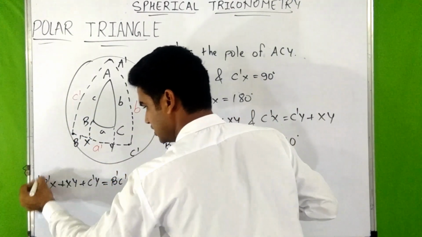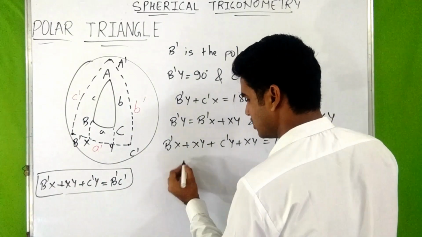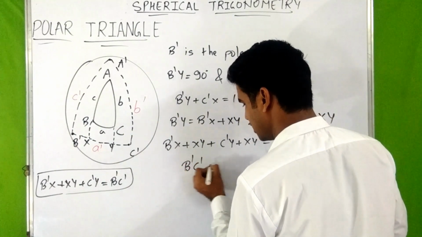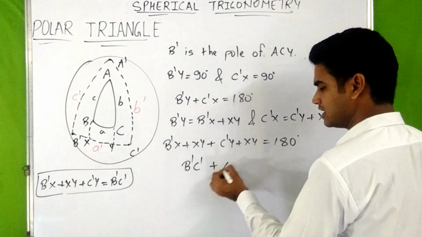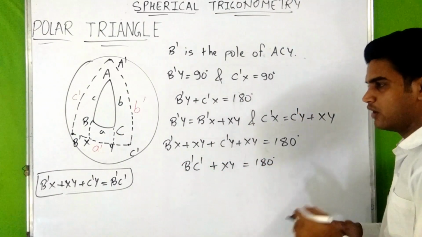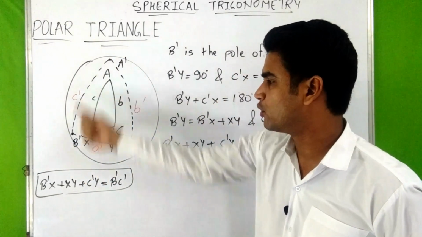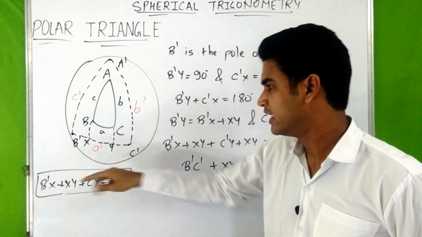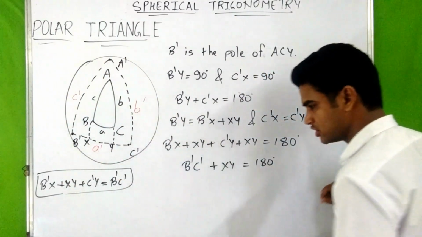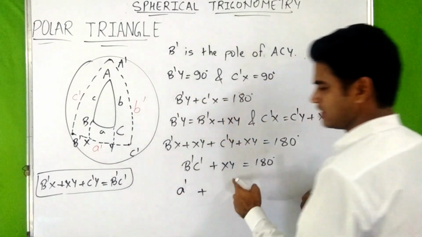So putting this value here, we'll write it as B dash C dash, and this xy is as it is, so it is 180 degree. Now we know that B dash C dash is a side of the polar triangle A dash B dash C dash, and it is named as small a dash. So it will be written as small a dash plus xy.